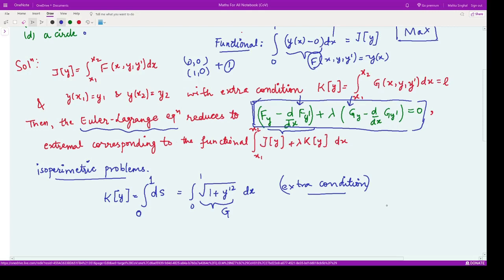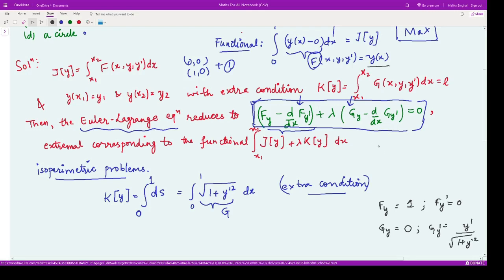Firstly, we will have to find out what f_y is. f_y is equal to 1, because f is simply y, and f_y' is 0. Then g_y: g is independent of y, so it is 0, and g_y' would be y' divided by the square root of 1 plus y' squared.